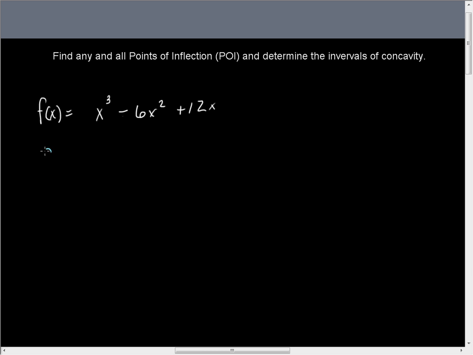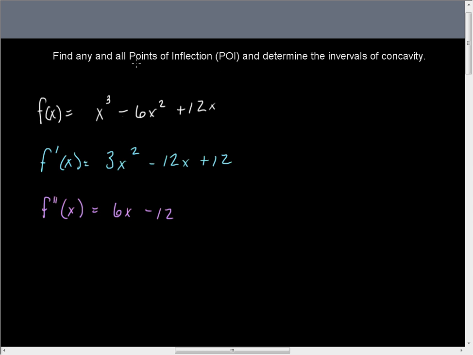We take the first derivative of this, and we're going to have 3x squared minus 12x plus 12, all just following our power rule for derivatives. Then we take the second derivative, which is nothing more than taking the derivative of the first derivative. So we have 6x minus 12.